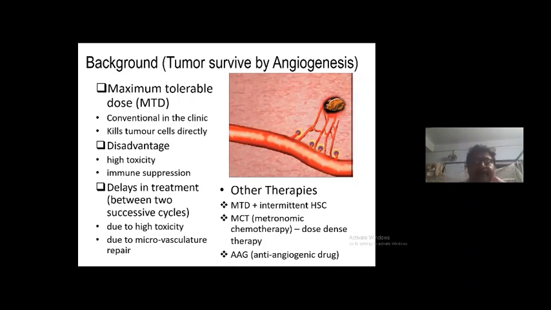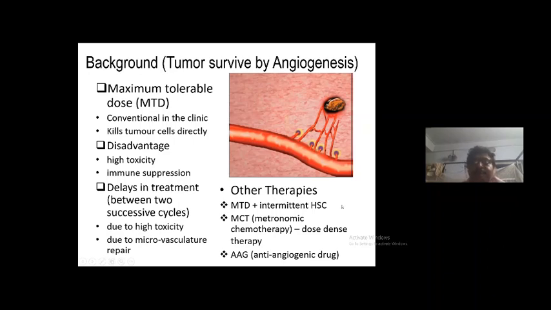disadvantages: it causes high toxicity and immune suppression. Moreover, the maximum tolerable dose causes delay in therapy. Why? Because due to the high dose of chemotherapy, these microvessels rupture, but the drug reaches the tumor site through these microvessels, and MTD is targeted at the cancer cells directly.